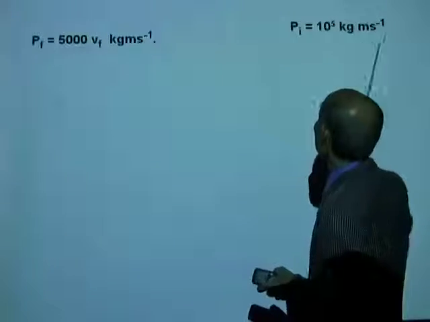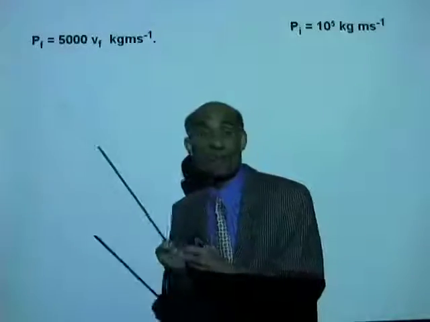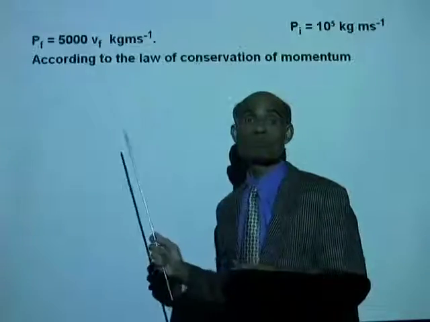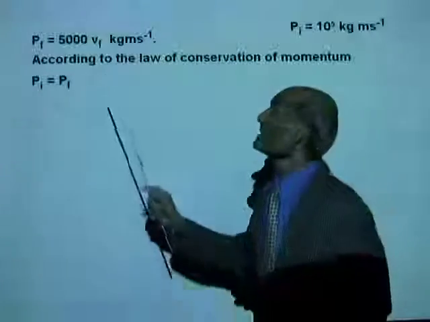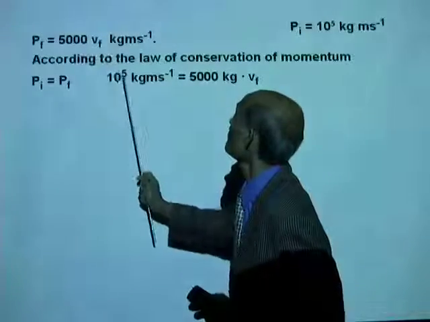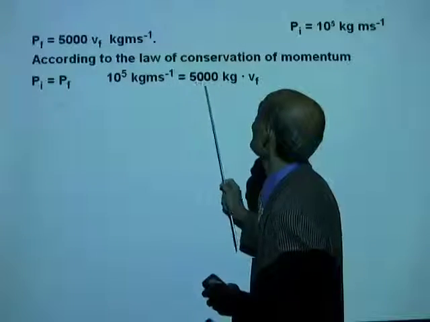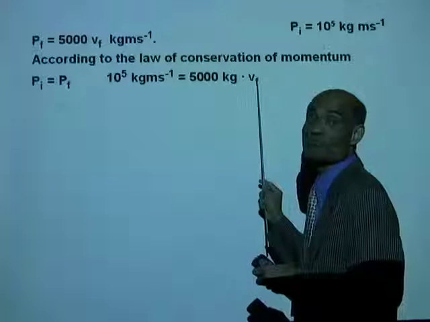We know the initial momentum of the system. We now know the final momentum of the system. Apply the conservation of momentum. Pi must be equal to Pf. Therefore, 10 to the power 5 kilogram meters per second equals 5,000 kilograms times Vf.